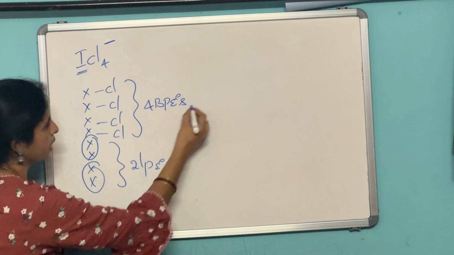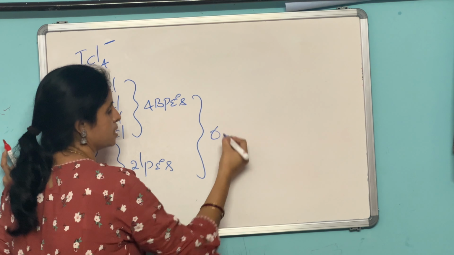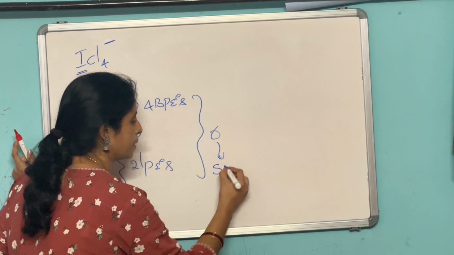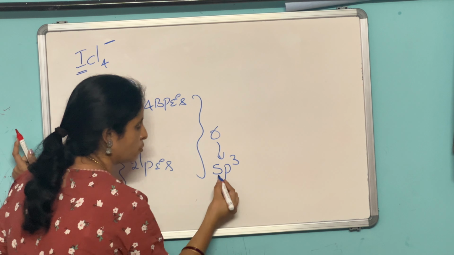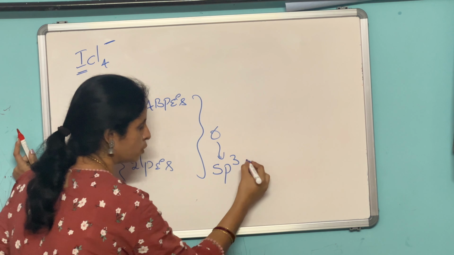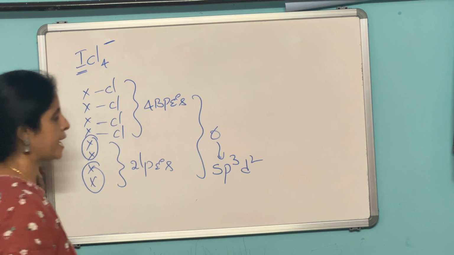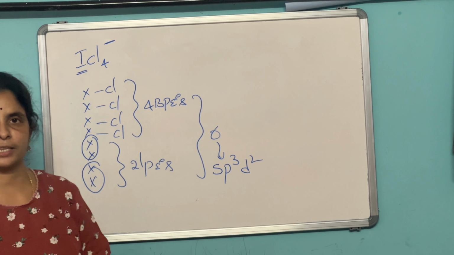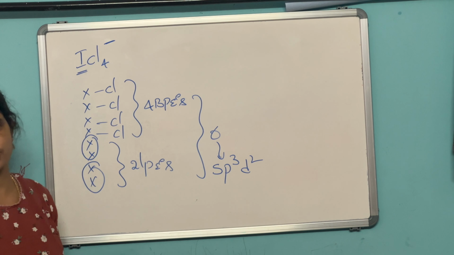So altogether 6. 6 means what is the hybridization? sp3, 1 plus 3, 4. We are left with 2. It is d2. sp3d2 hybridization.